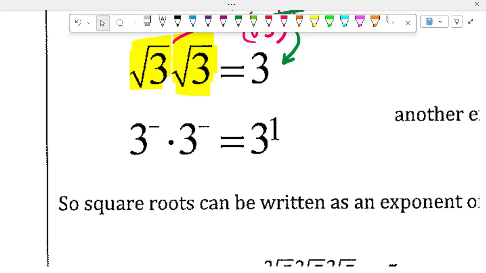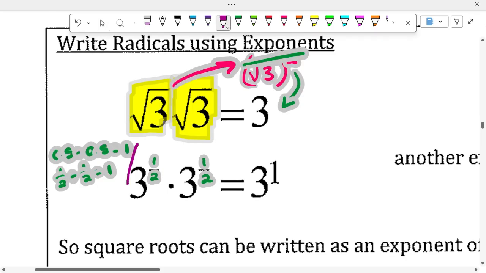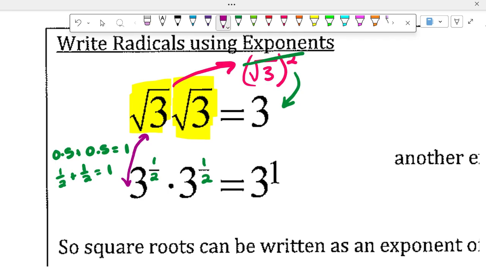What's 0.5 as a fraction, guys? If you guys don't know what 0.5 is as a fraction, I'm concerned. 0.5 plus 0.5 is equal to 1. So 1/2 plus 1/2 is equal to 1. That means that 3 to the 1/2 times 3 to the 1/2 is 3 by product rule. So can we not say that these two are the same? Did we not get the same thing?